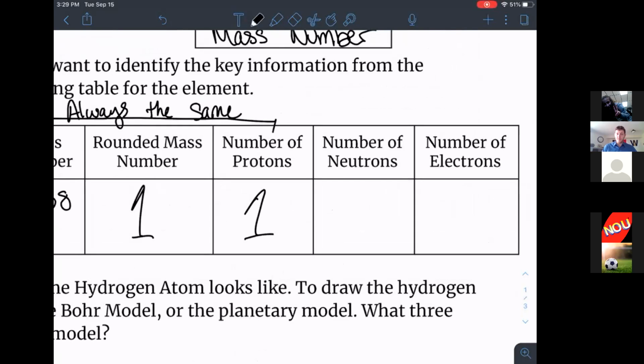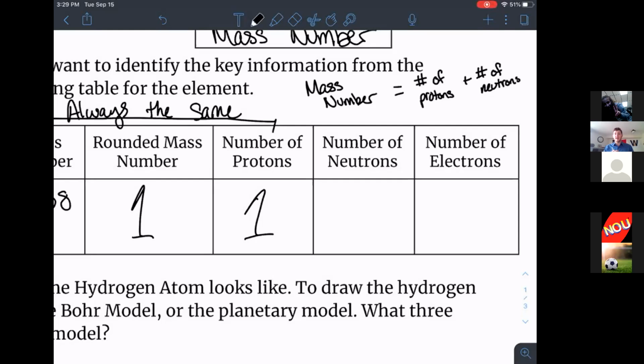The mass number is going to equal the number of protons plus the number of neutrons. So our mass number is the number of protons and neutrons.